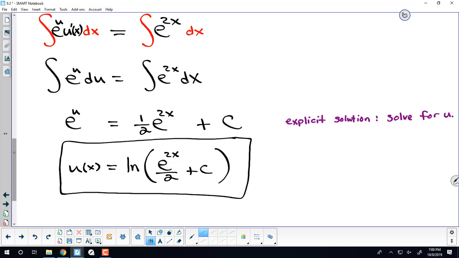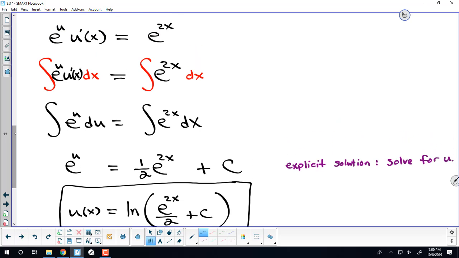You have a question? For the second part, in the red at the top, you said you multiply that to get rid of the dx and become du, it's u prime, du over dx, right? So the other way to think about this is that we're looking at e to the u times u prime, which is du over dx, and then we're actually introducing that part.